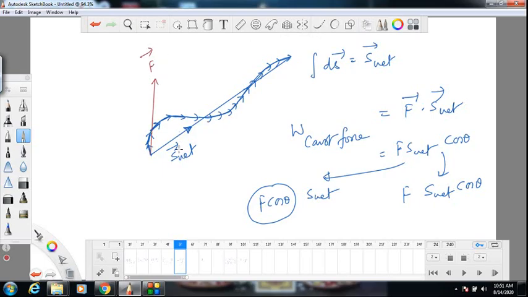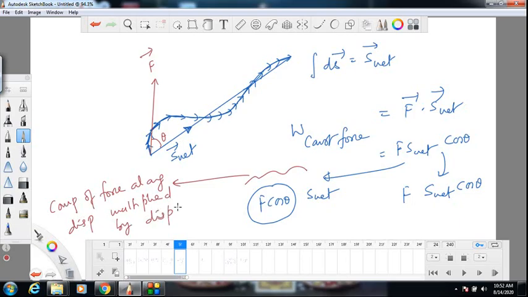And I know the total displacement, so I know the angle between them. If you see F cos theta, this term is the component of force along displacement. So this is the component of force along displacement that you are multiplying by displacement. So you can interpret this whole term as component of force along displacement multiplied by displacement.